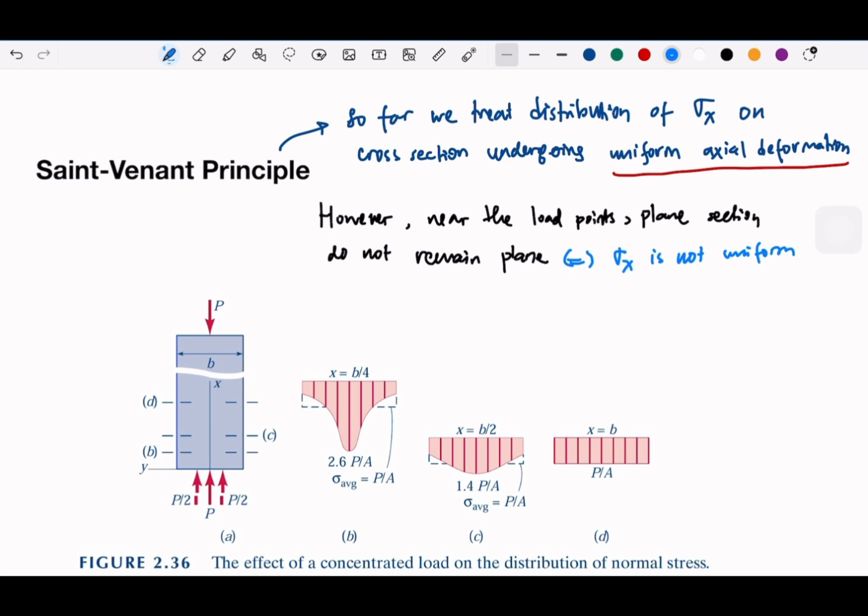So let's say we consider the short compression bar as in the picture here. So this is a short compression bar. We imagine that it is being applied some loads.